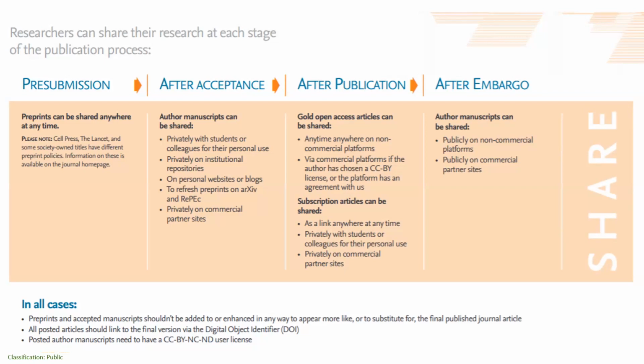I just wanted to start by saying that Khaled has explained, for those on the line, that APCs are only payable if you want to publish open access. You can publish your article under the subscription model without paying any APC. And there are various transformative agreements in place.